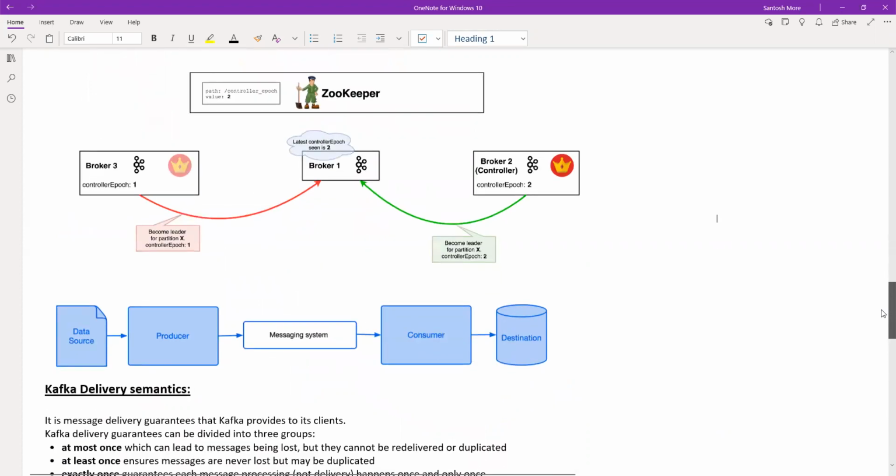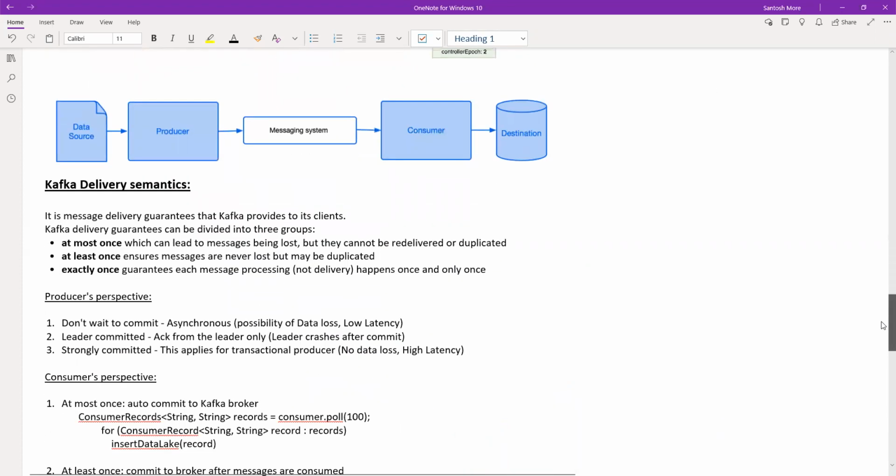So, okay, this was one. Now the other thing is the Kafka delivery semantics. We'll talk about what delivery semantics is. It is basically how Kafka guarantees message delivery to its client. Whenever a client, like a producer, publishes a message, the Kafka brokers or the cluster need to send an ACK.